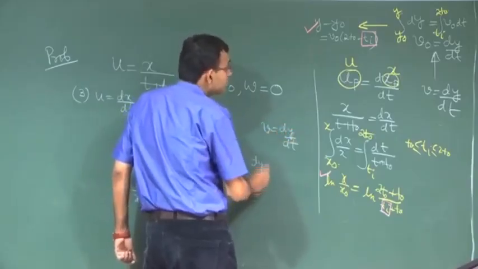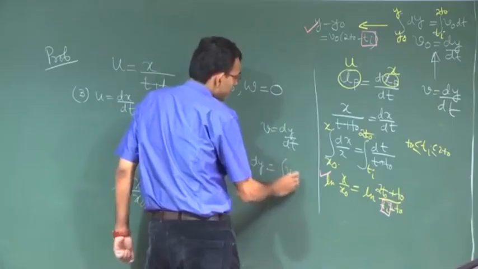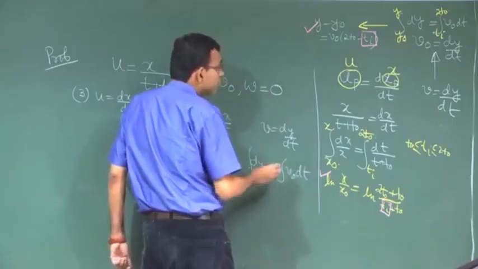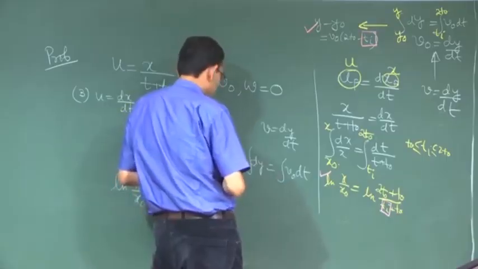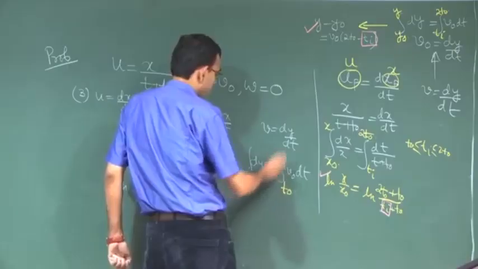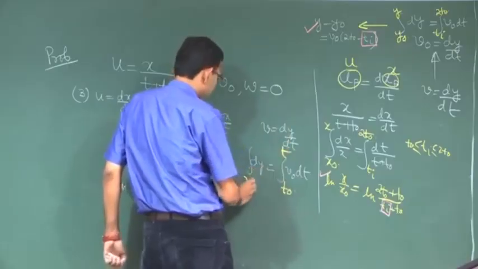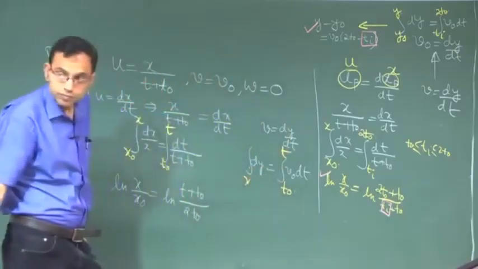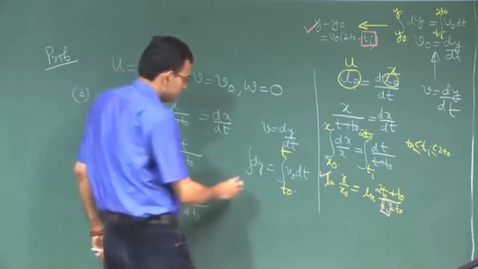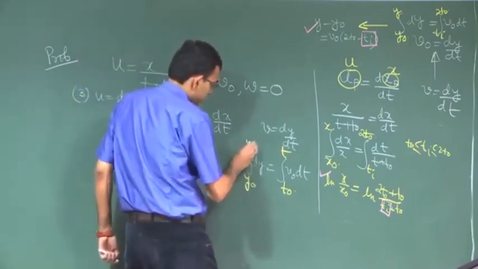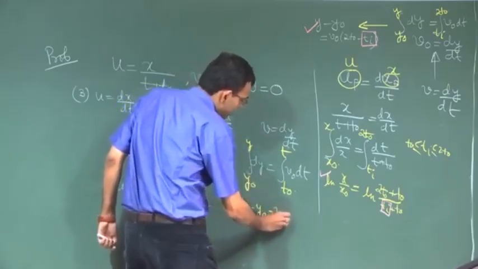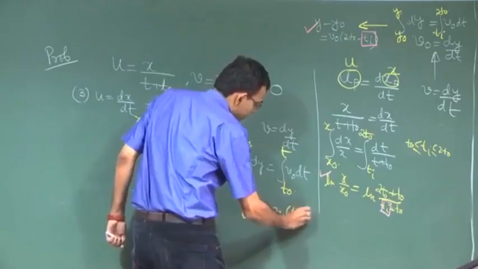So dy is equal to v0 dt, integral dy is equal to integral v0 dt. So your time starts with t0 to t, y0 to y. So y minus y0 is equal to v0 into t minus t0.